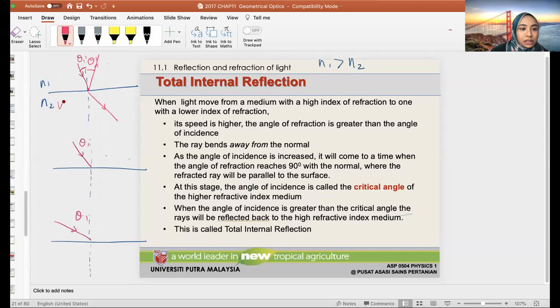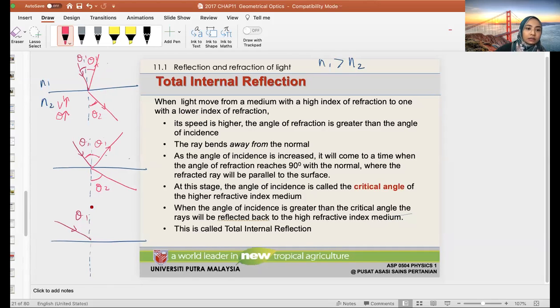Maksudnya, with respect to the normal, my theta2 will be greater than theta1. And then, the second situation, I increase my incident angle. What happens? My refracted angle becomes even bigger. Bila kita punya incident bigger, my refracted angle will also be bigger. Remember, it's a ratio. And then I also have my reflected light, which is the same value.